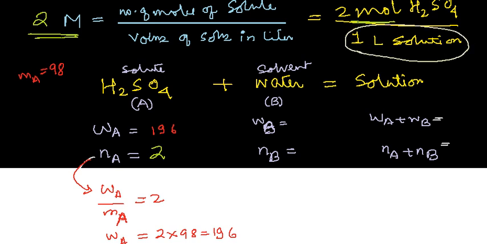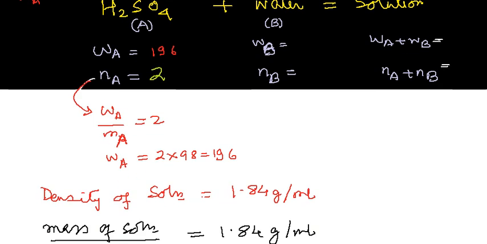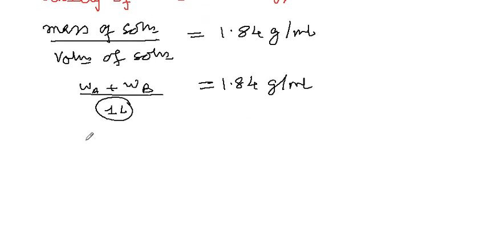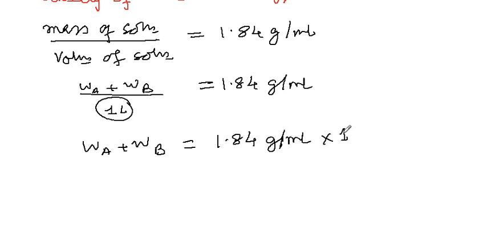So if we put this value of 1 liter over here, the weight of the solution is equal to 1.84 gram per ml into 1 liter.